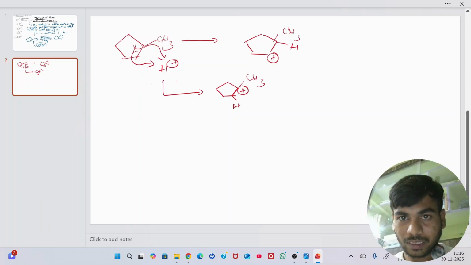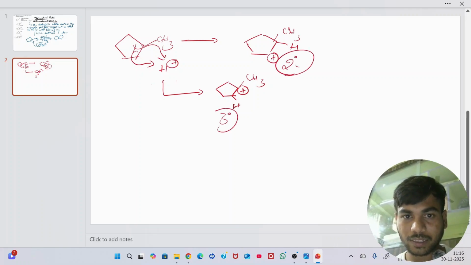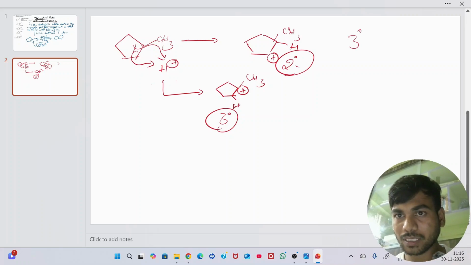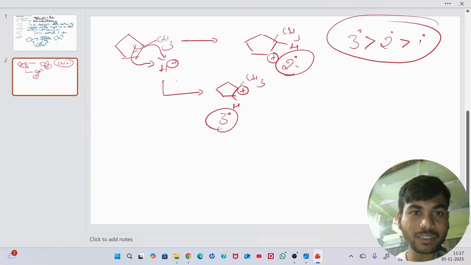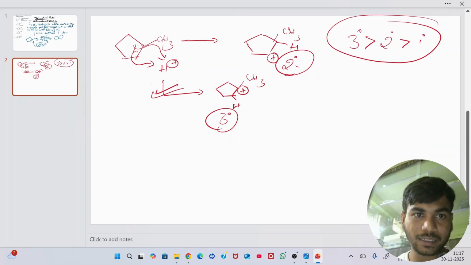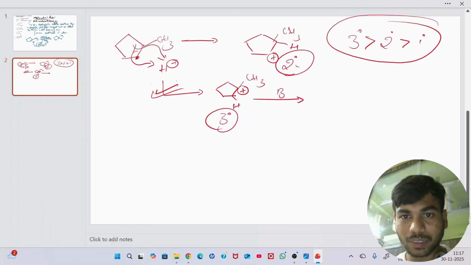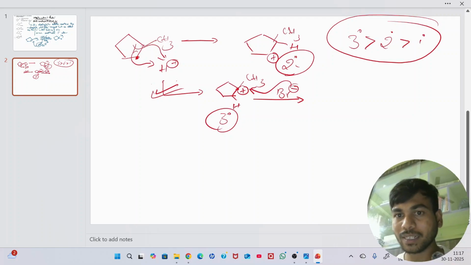In one case the carbocation formed is secondary, and in the other case it is tertiary. Tertiary is more stable than secondary, than primary. So the more feasible mechanism is the second one, where H plus attacks the less substituted carbon, and by default the nucleophilic part, Br minus, attacks the more substituted carbon or more stable carbocation center.